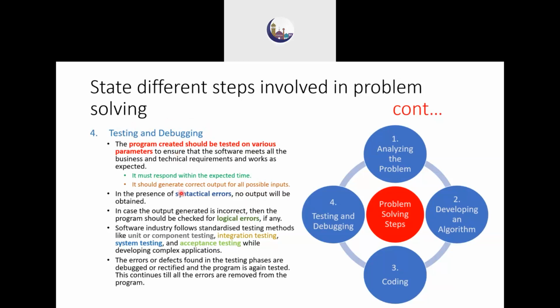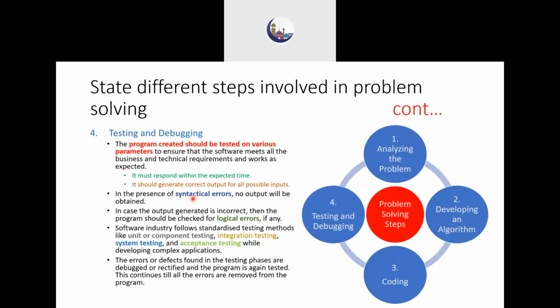Okay. So the errors are basically of two types. One is syntactical error, second is logical error. A syntactical error is something which a computer can detect. For example, when I'm speaking in English, I may say, "Hi, how are you?" Instead of that, I'll say "Are you how?" It doesn't make any sense.